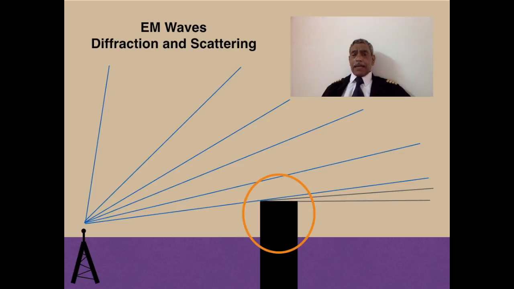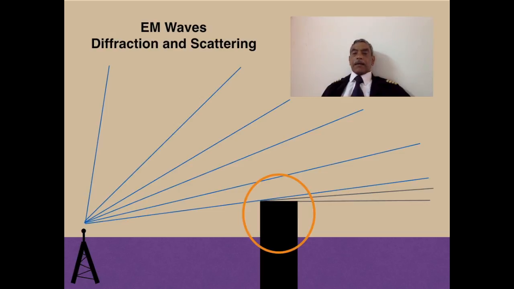Now, as you can see, there is an aerial and a transmission going on, and there is an object at a distance. Normally, the straight line travel of the EM waves takes place in all different directions, and when it strikes that particular object, it would have cut off the rest.